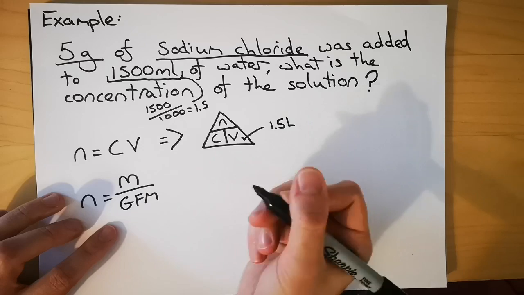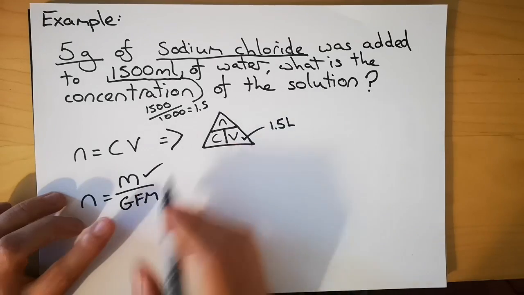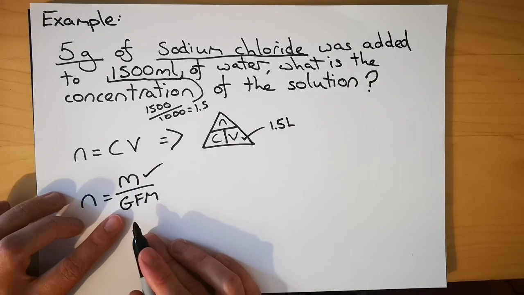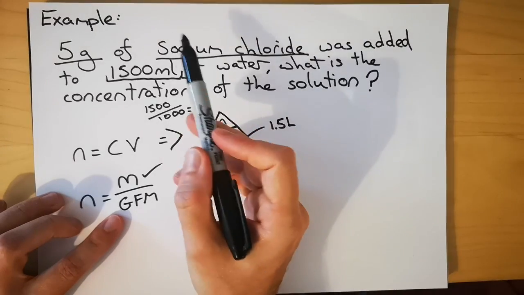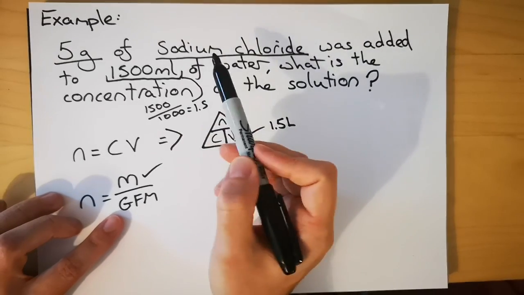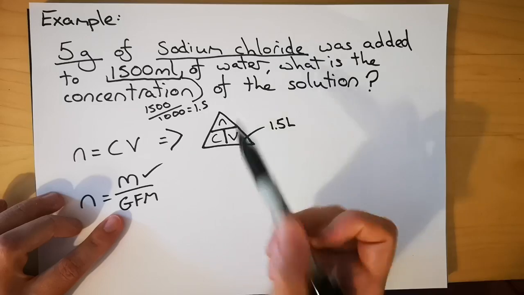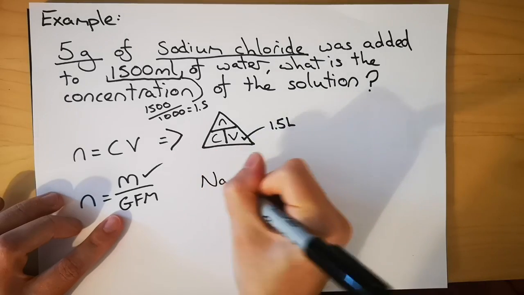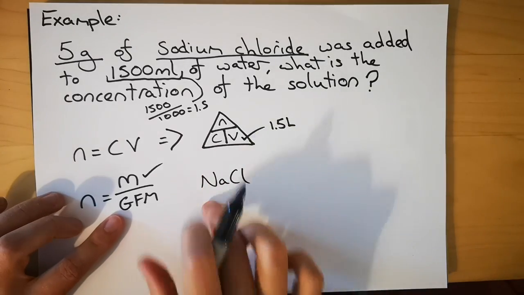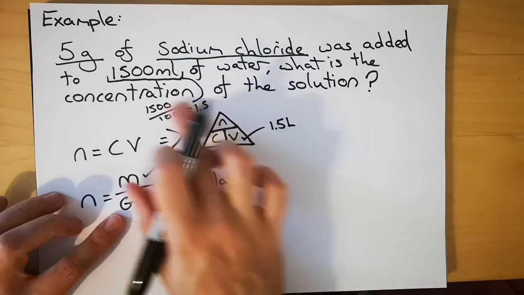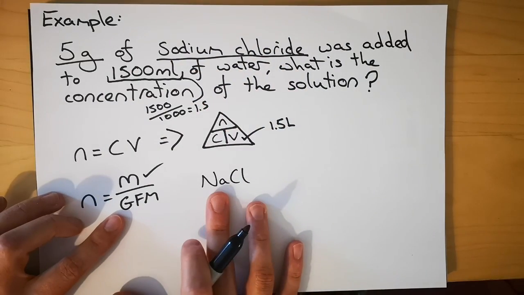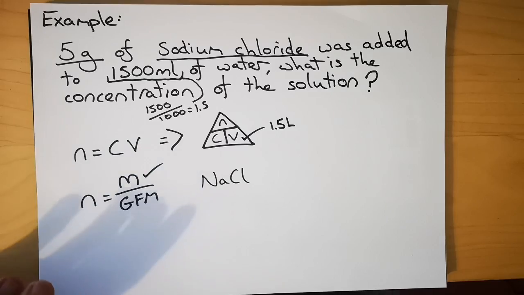What you might be thinking is, well, I've got the mass, but I don't have a number for this. But you do have your sodium chloride, so you're told what it is, and it's NaCl. Chances are they won't write it out, they'll actually give you it as a formula, and that tends to be how they do it.